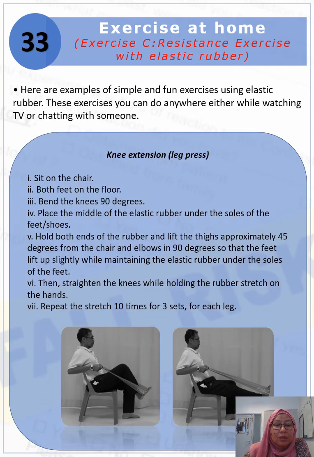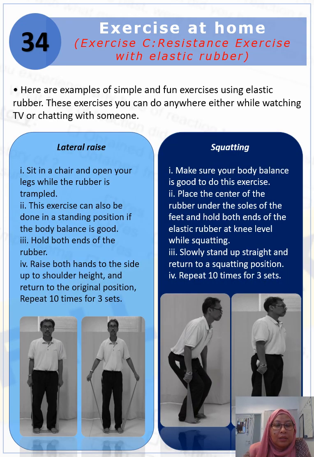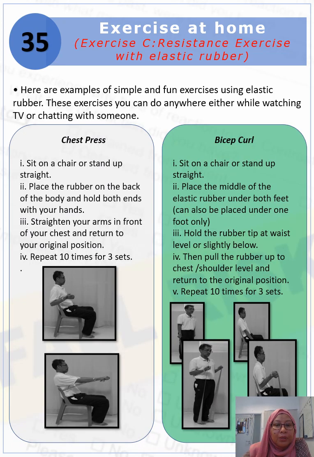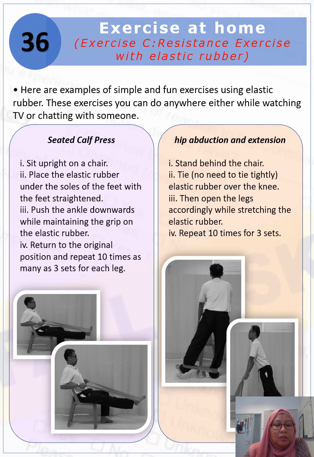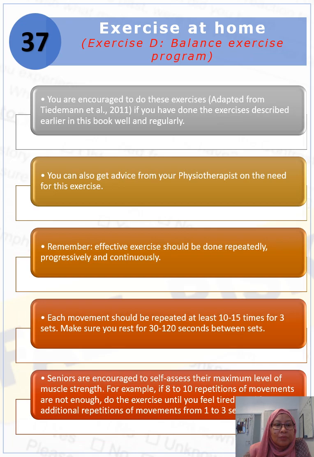Okay, so these are the examples of the exercises using the elastic band. Knee extensions, or also known as leg press, lateral raise, squatting, chest press, biceps curl, seated calf press, hip abduction and extension.